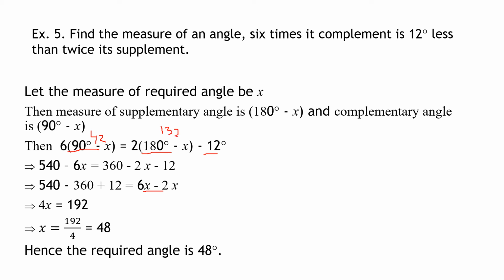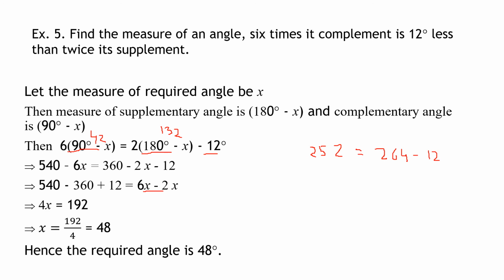So now you can verify the remaining things. 6 into 42, what is 6 into 42? 6 2s are 12, carry 1, 6 4s are 24, 25. So here we have 252. 132 into 2 is 264, and 264 minus 12 will give us 252. So we also verified the answer.